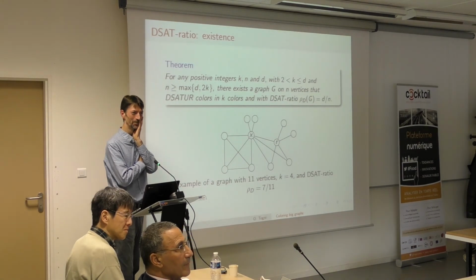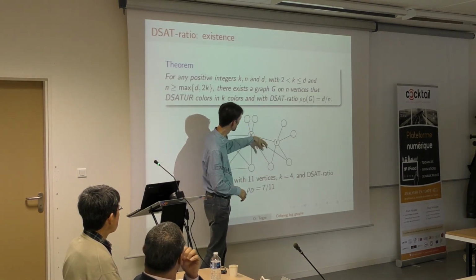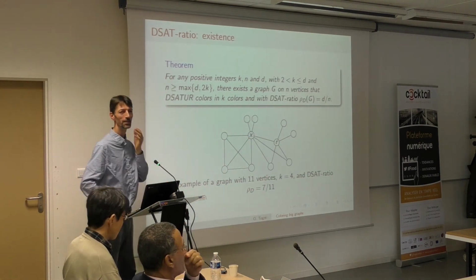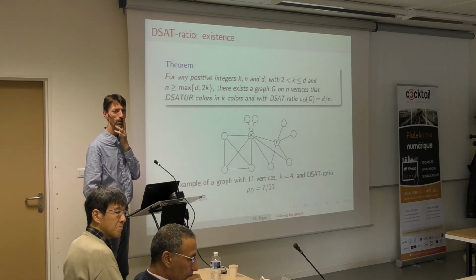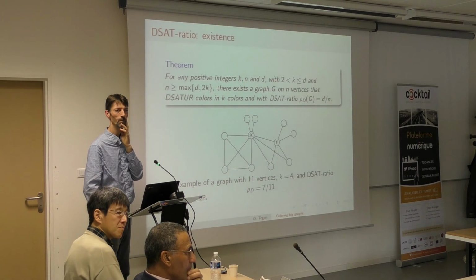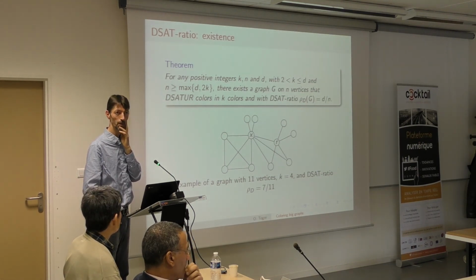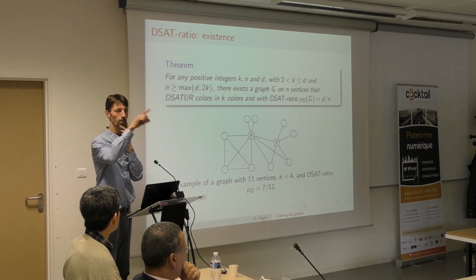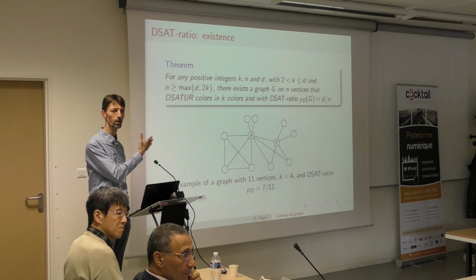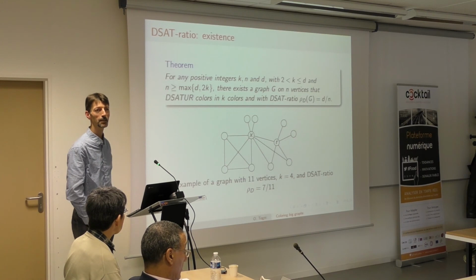Mainly you take a big clique and you add some leaves. But you have many more examples. If you take, for example, a big clique, that will be close to 1. Yes, it's 1. Also for a cycle of odd length, you color it with 3 colors, and the third color is used only at the end. Yes, okay.